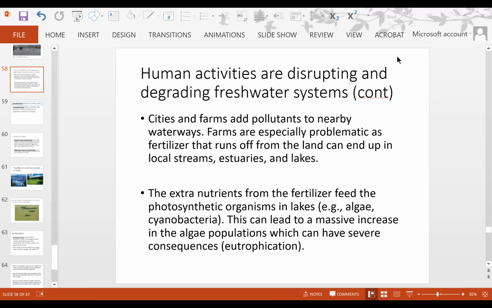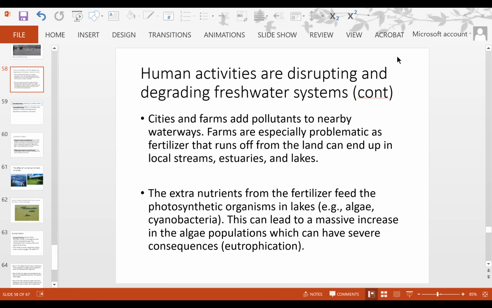And the extra nutrients from the fertilizer and also manure, like animal wastes that come from farms as well, are all extra nutrients that, when they end up in a local waterway, feed the photosynthetic algae and cyanobacteria that live in lakes, for example, and ponds as well.